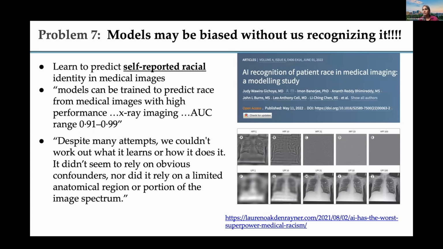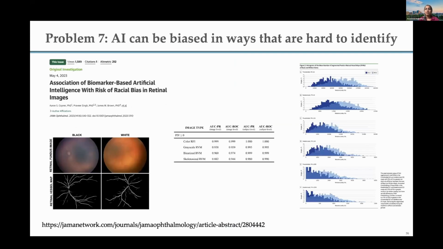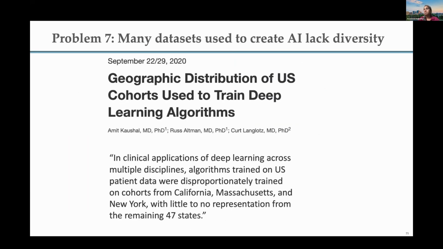That seems to persist even with all kinds of alterations, like lower resolution or high frequency bandpass, and the model is still quite good at it. Same sort of thing when looking at your eyes, especially the vasculature: you can train models to pick up hidden attributes such as race and sex and so on.